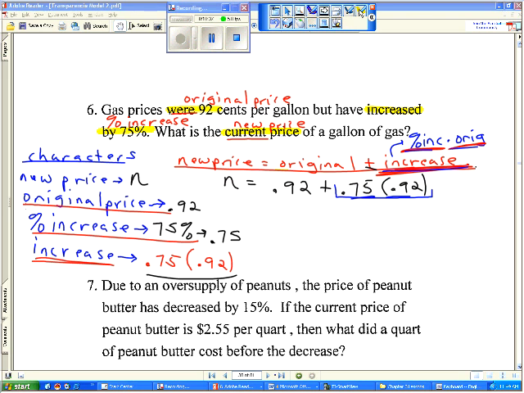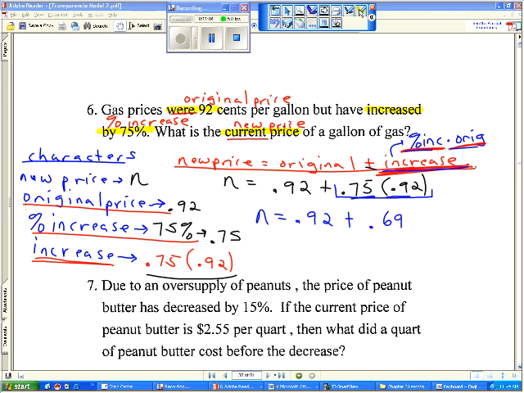When you calculate that, you end up with increase. So we're going to get new price is equal to 0.92 plus, what's 0.75 times 0.92? It's 0.69, it's not $1.69. I knew that was too much. 0.69.